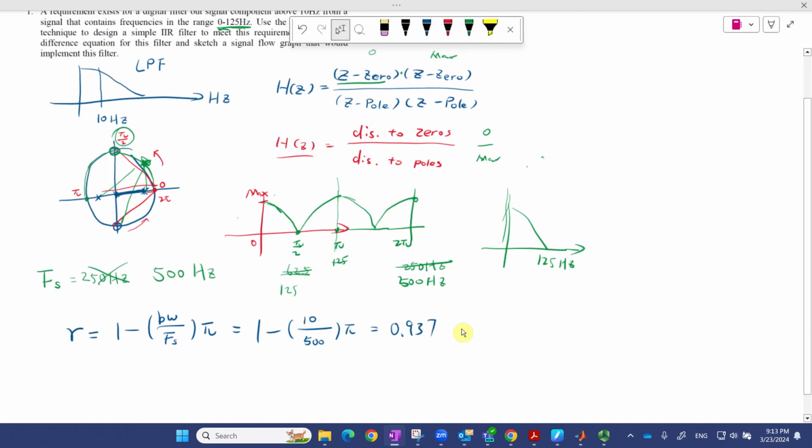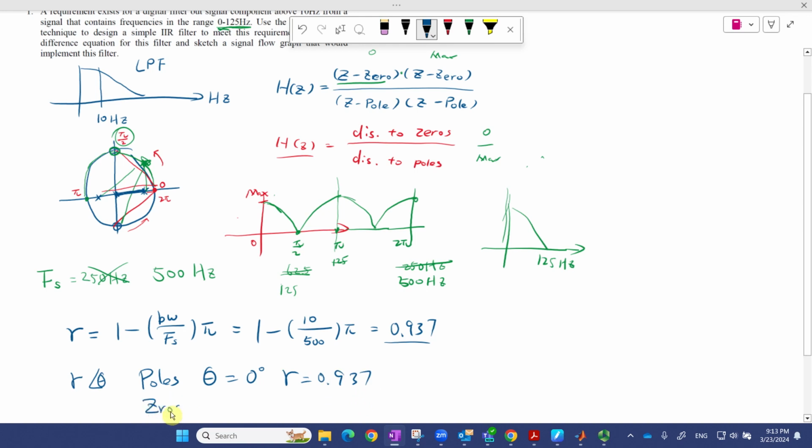Okay, so we can fill in the blanks. Now we know the zeros are at real term 0, it's at the unit circle, so this is actually j. The location of those zeros or poles can be written in polar form, in R and theta form. For the poles, the angle is 0, and R we just got, R equals 0.937.